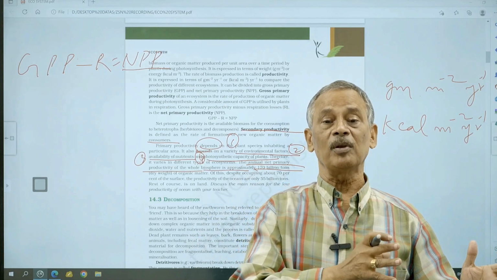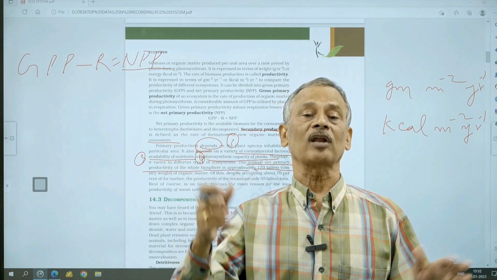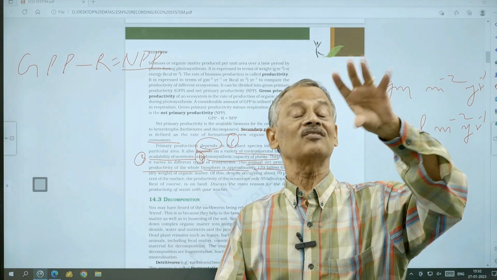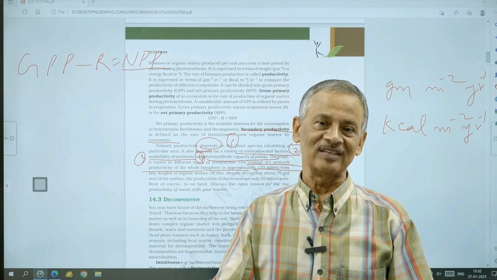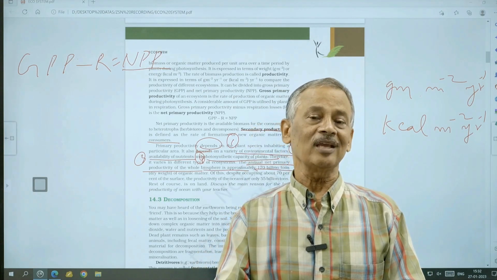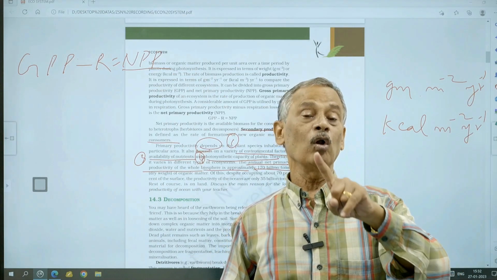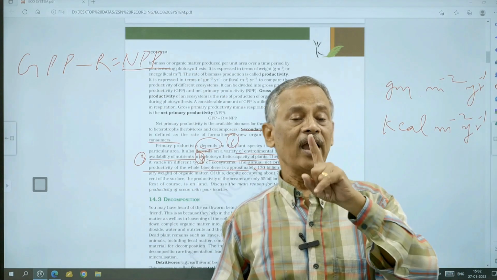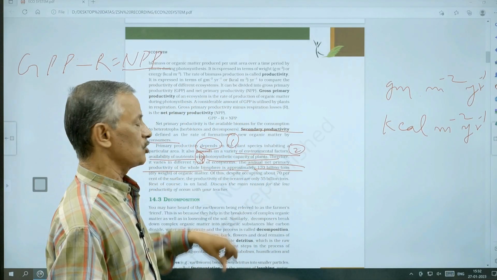Today, say for example, you have 10 tons. Tomorrow, it may be 9.5 tons. What happened? Water gets evaporated. So the value goes on decreasing. So it is better to take the dry weight, which is fixed. In the whole world, we have 170 billion tons of organic matter produced.